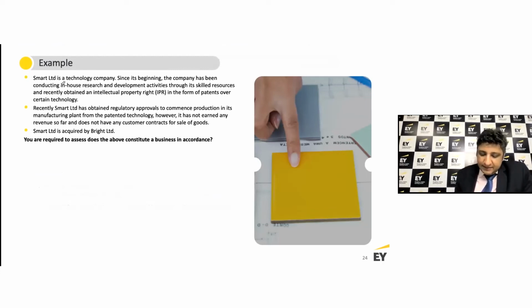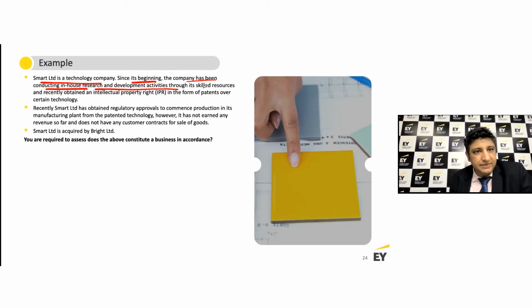It says that Smart Limited is a technology company. Since its beginning, the company has been conducting in-house research and development activities through its skilled resources, and recently obtained an IP right, intellectual property right, in form of patents over certain technology.